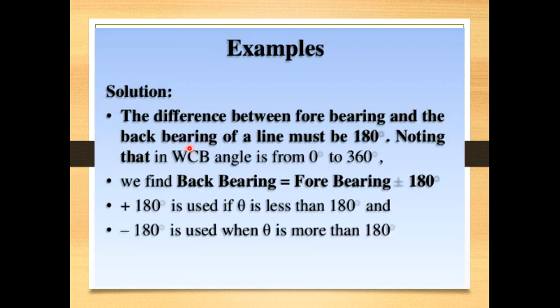The difference between fore bearing and back bearing of a line must be 180 degree. Noting that in WCB the angle is from 0 to 360 degree, we find back bearing is equal to fore bearing plus or minus 180 degree. But plus 180 degree is used if theta is less than 180 degree, and minus 180 is used when theta is more than 180.